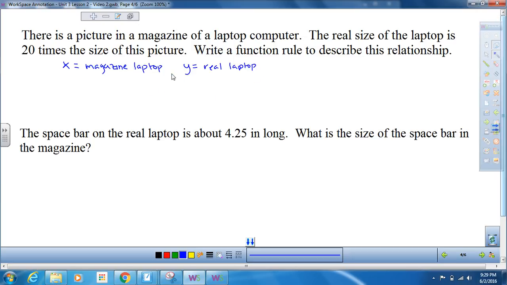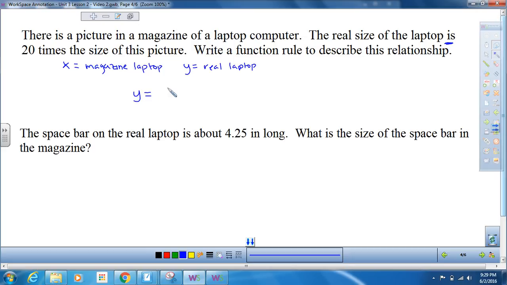Okay, now it says the real size of the laptop is. Okay, so is in math also means equal. So the real size, so the real laptop is y, and then is. So y equals 20 times the size of the picture.